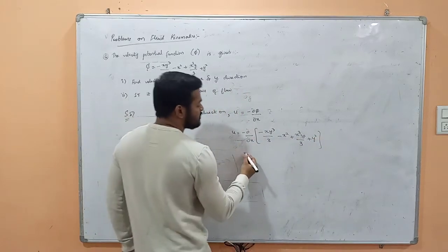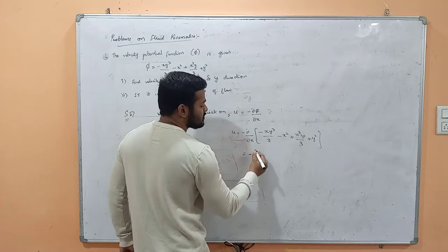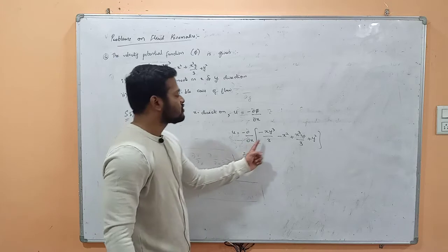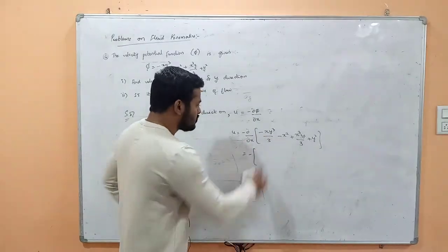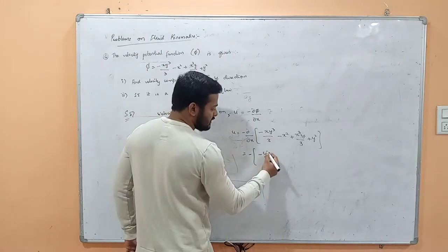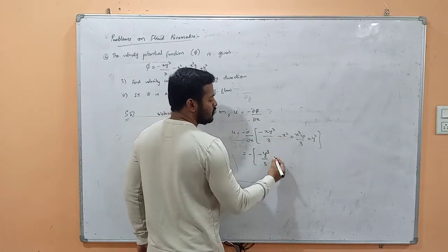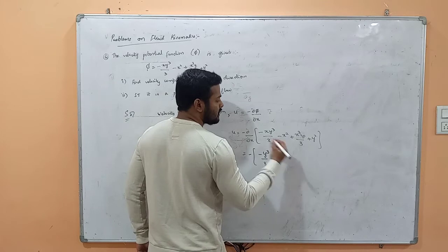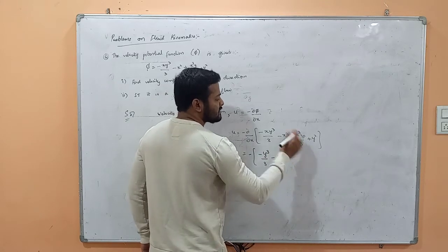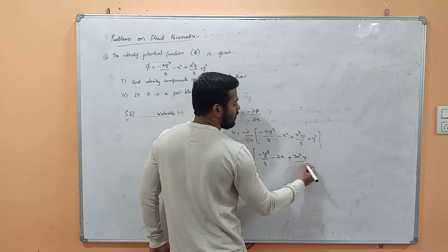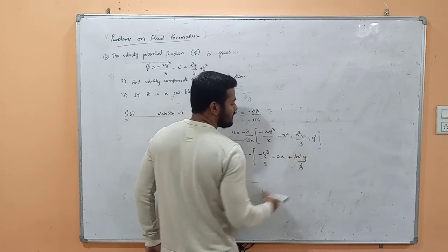So you have to differentiate this. Minus is there outside. Dou by dou x of x is 1, so the remaining term stays as it is. Dou by dou x of x square is 2x, so minus 2x. Dou by dou x of x cube is 3x square into y by 3, so the 3s cancel.